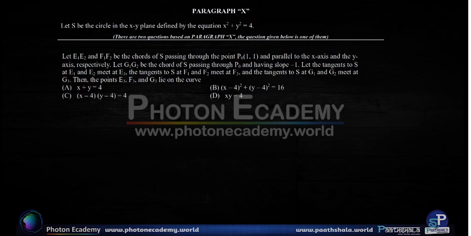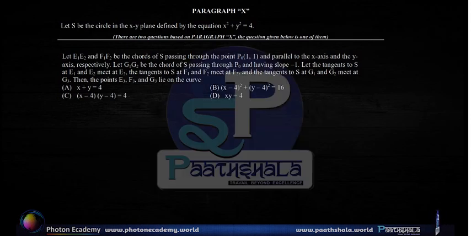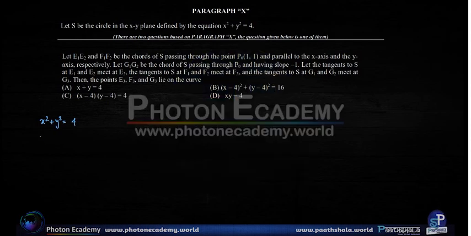Firstly, it's given that it's a circle in the xy plane and its equation is x square plus y square is equal to 4. We should know that the equation of a circle with center at 0, 0 and radius r is written as x square plus y square is equal to r square.